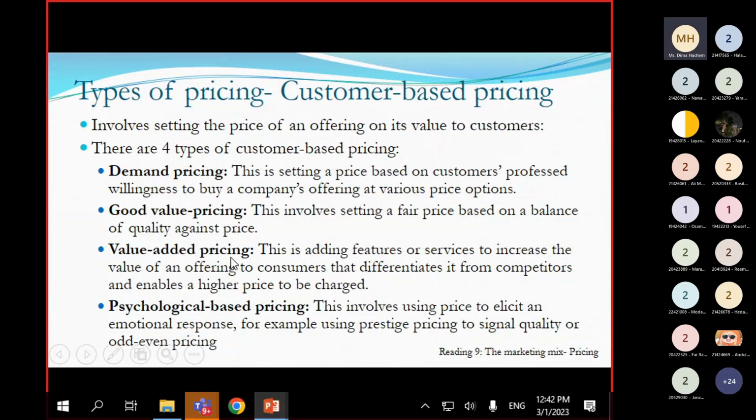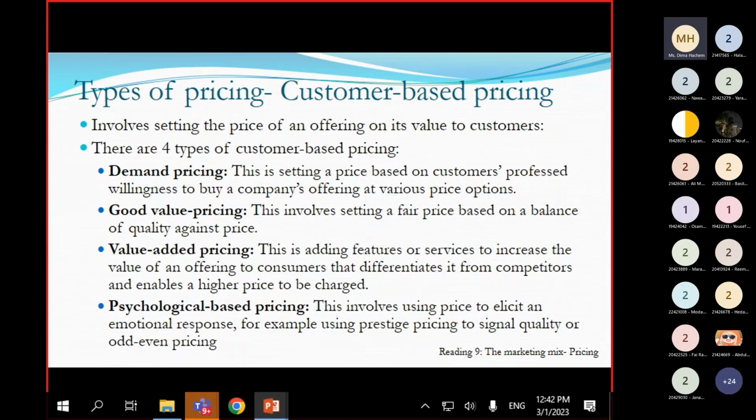Value added pricing. Imagine you want to buy a phone, for example. Why do we have different types of phones with different prices? Right.